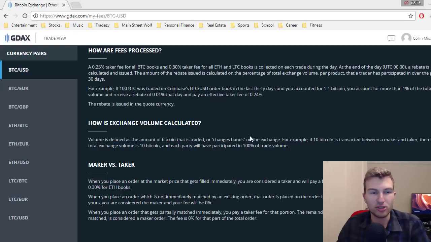I'm going to show you the fee structure and how you can actually trade on gdax without having any fees. Because I know for myself, I used Coinbase to start off with and didn't even know about gdax, and I paid 1.49% on the total transaction. Let's say, for example, I hypothetically bought $1,000.